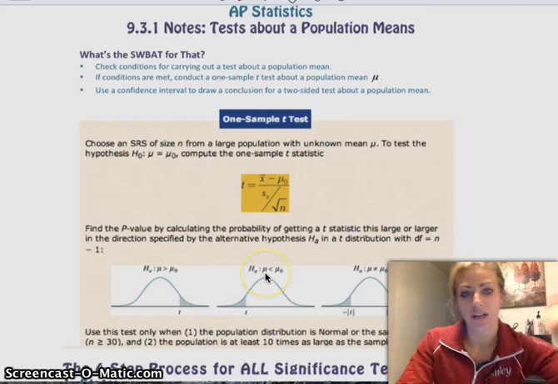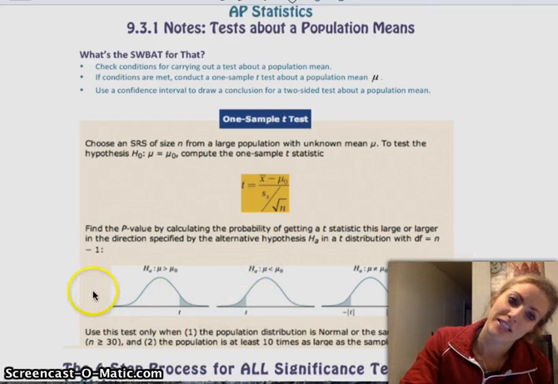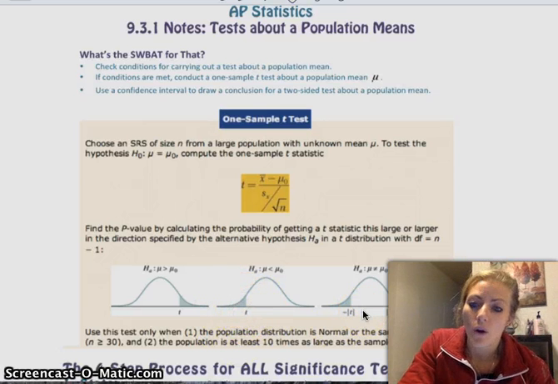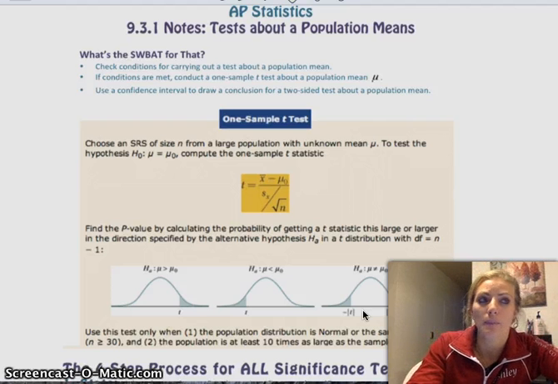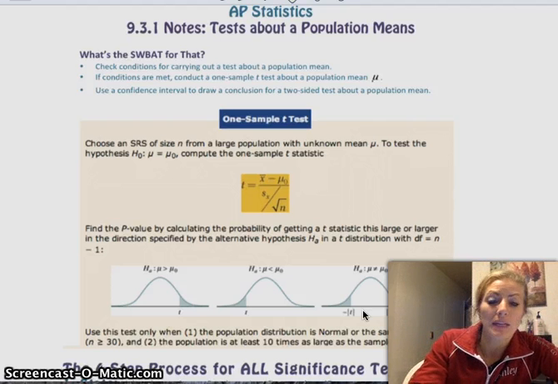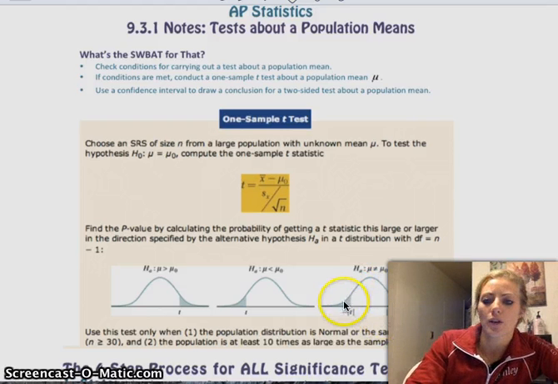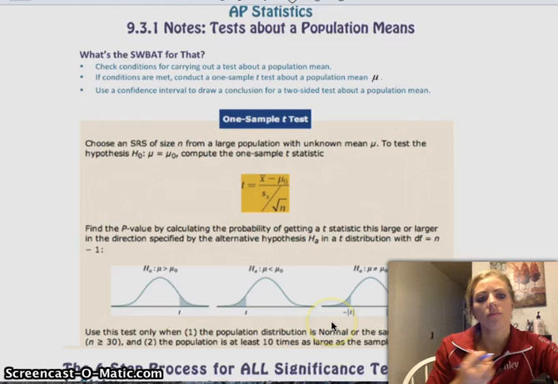Mu is less than the null hypothesis, so you're testing the left side of the sampling distribution, or possibly you're just trying to test if the mean is different from the null hypothesis, from the claim. So then you have a double-sided test.